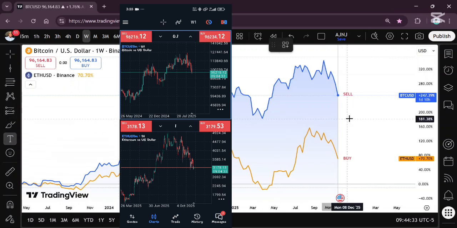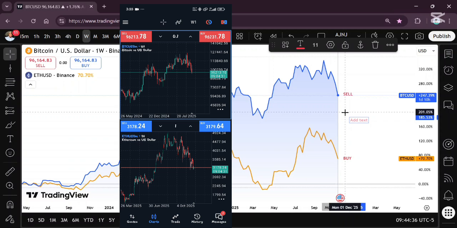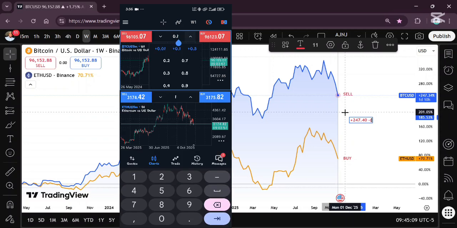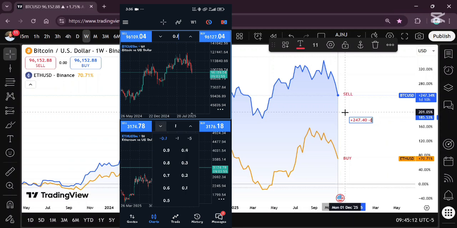There are a lot of things I look out for before taking a trade. Number one is the percentage. One of them is the percentage difference of Bitcoin and Ethereum. In this case, we have plus 247 and minus 70.71.